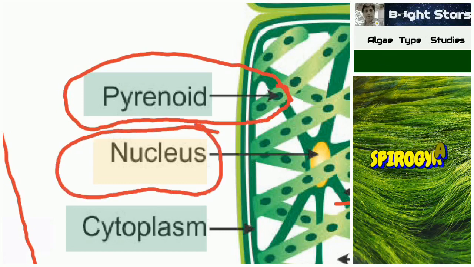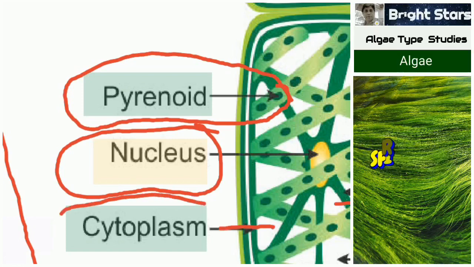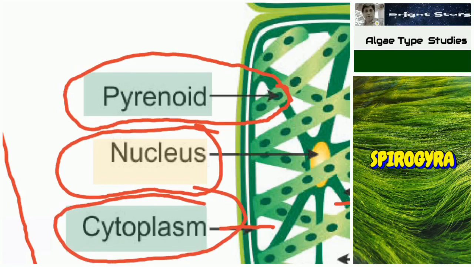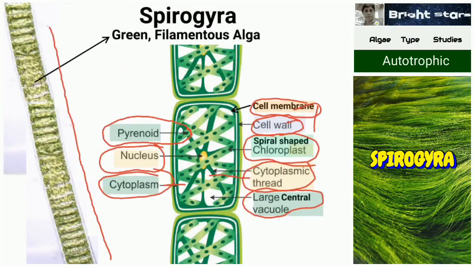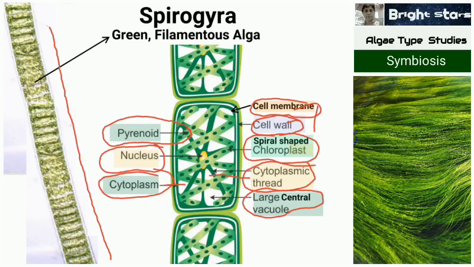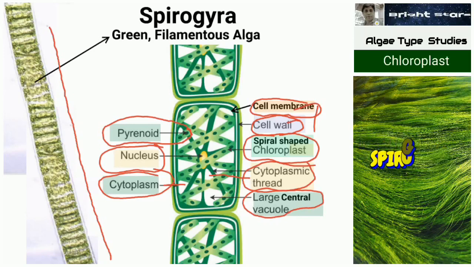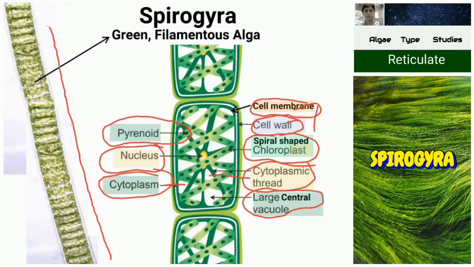You know that the nucleus is the dynamic center of the cell, and cytoplasm is also shown here. So you can see cell membrane, cell wall, spiral shaped chloroplast, cytoplasmic strands, large central vacuole, pyrenoid, nucleus, cytoplasm. It is a filamentous green alga with a spirally oriented chloroplast.